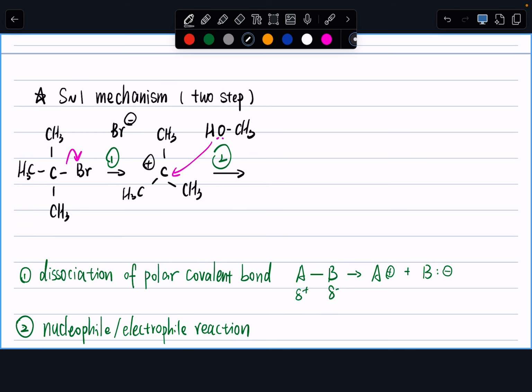So that's a nucleophilic electrophilic addition. My Br minus is just hanging around.